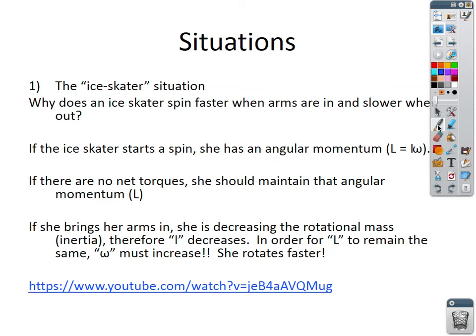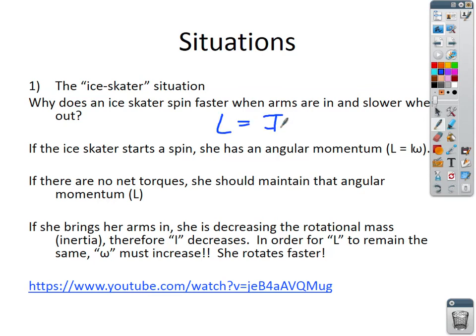That's your center. When I put my arms out, it's like I have two rods that I'm also rotating around, but from the ends. When I bring my arms in, how close are they to the center of my body? They basically have a radius of 0. So when I bring the arms in, the inertia decreases, so in order for L to remain the same, the omega must increase.